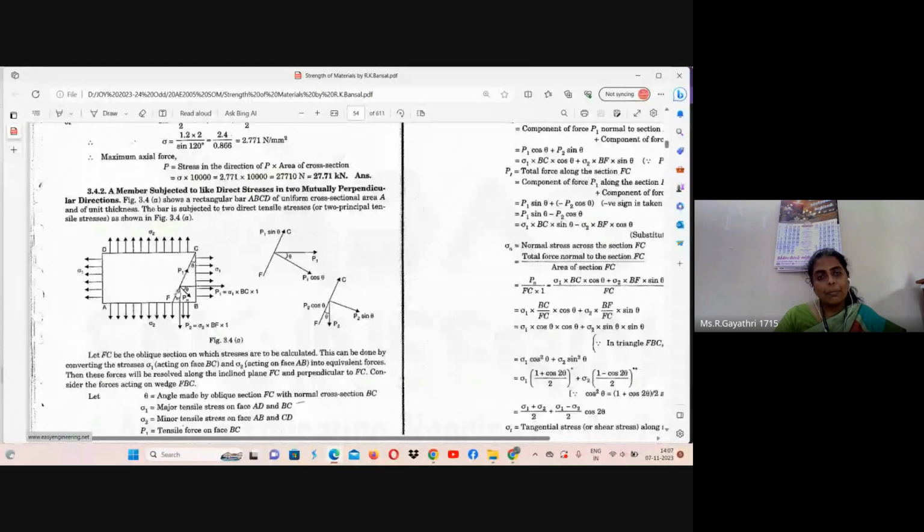Force acting perpendicular to plane FC is Pn. Pn makes an angle theta with the horizontal axis.